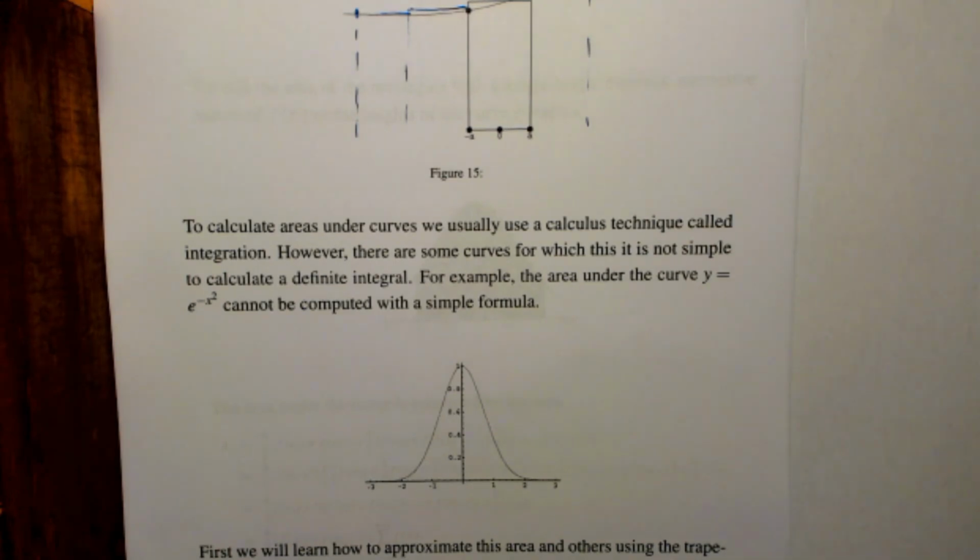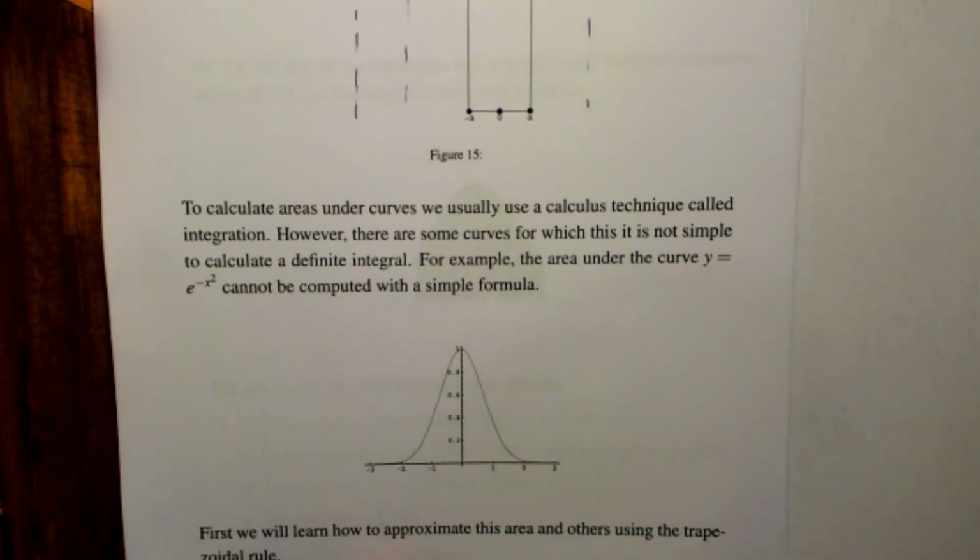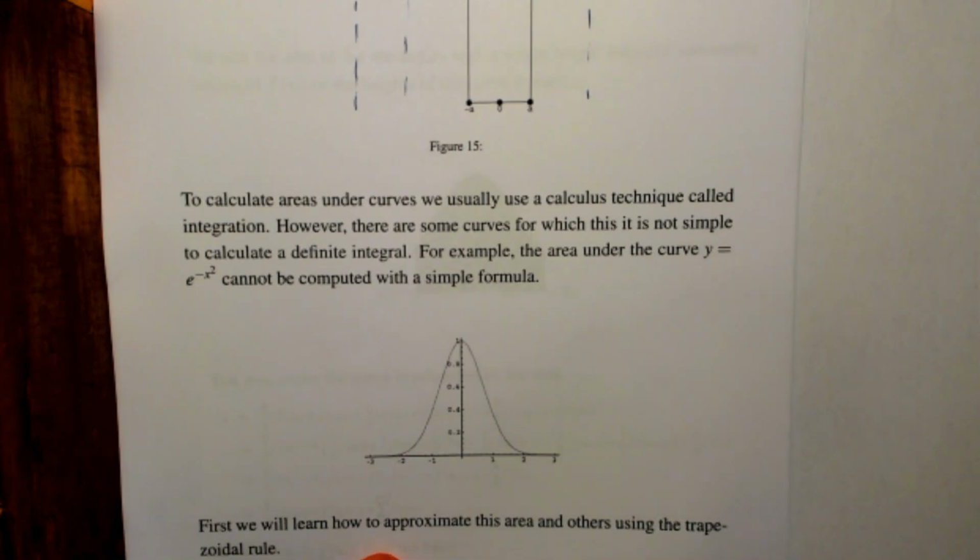This curve looks like this. It has a peak up here when x is 0 of 1, but the integral of this doesn't have a simple formula like sine, cos, polynomial, or other. It's actually in terms of the error function. And so people would calculate the error function using tables.